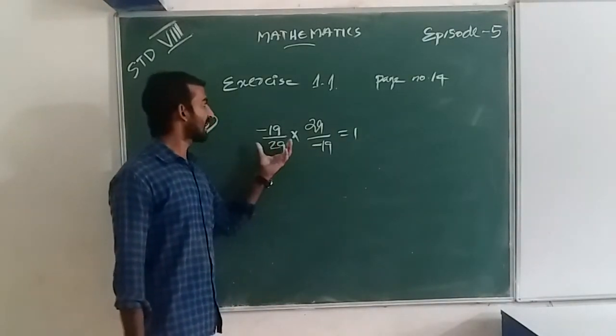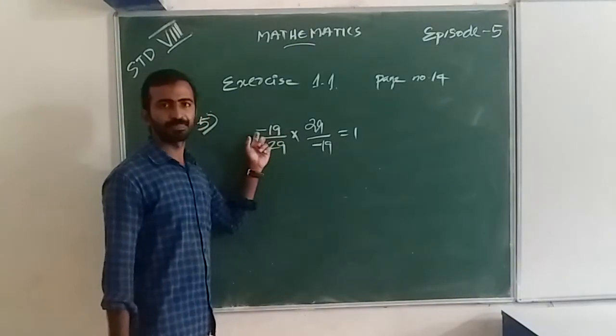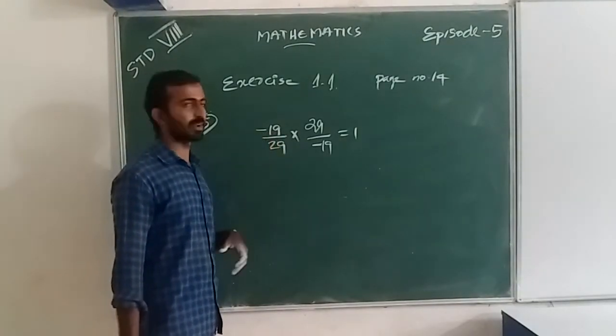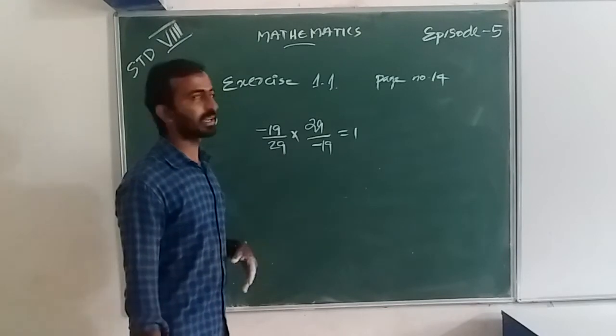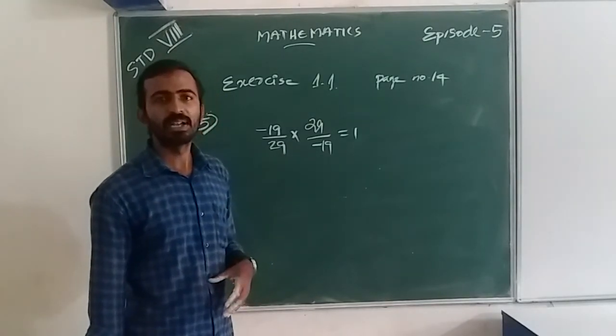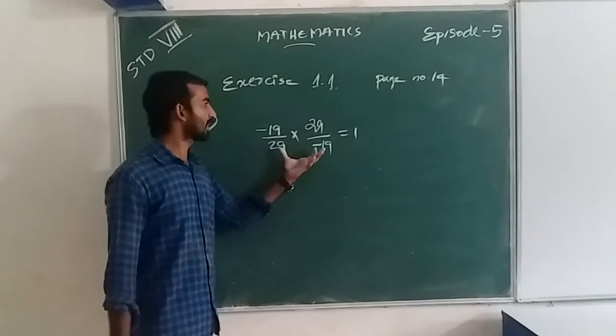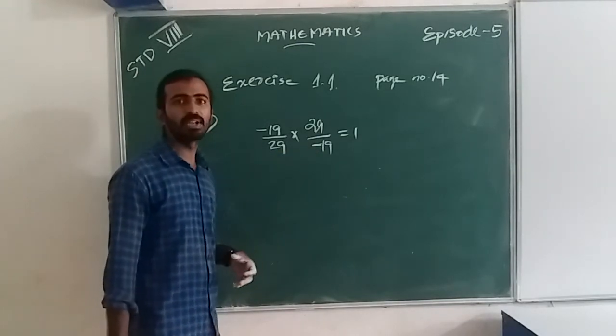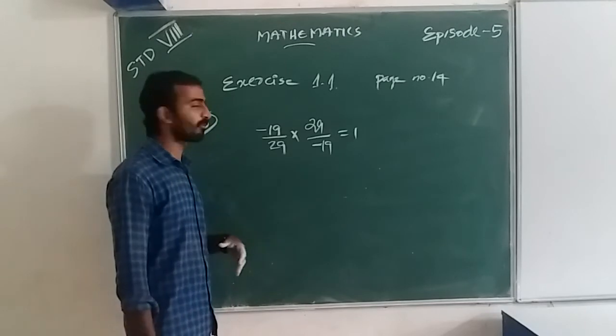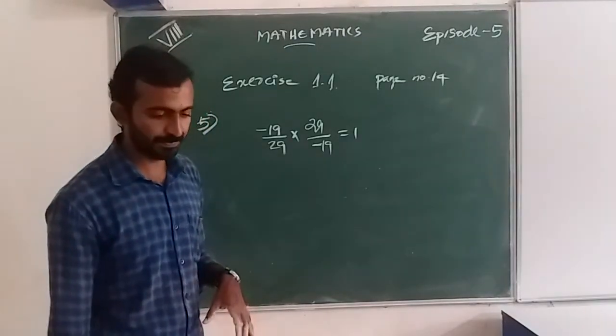That is, here we take the reciprocal of the first rational number. That is, this property is multiplicative inverse. Here the property used is multiplicative inverse. This is the answer of question number 5 part 3.